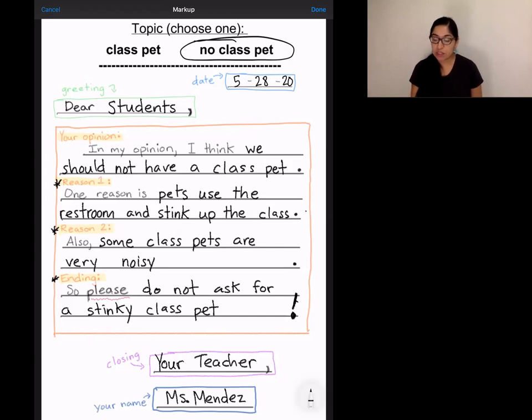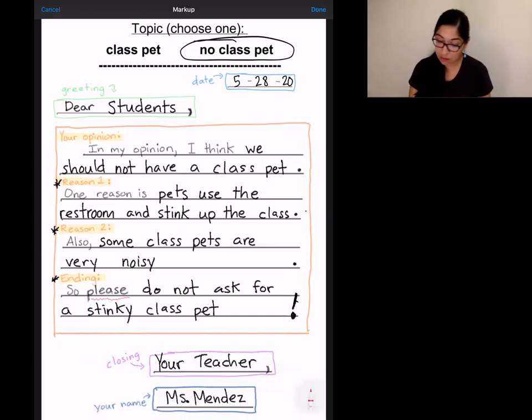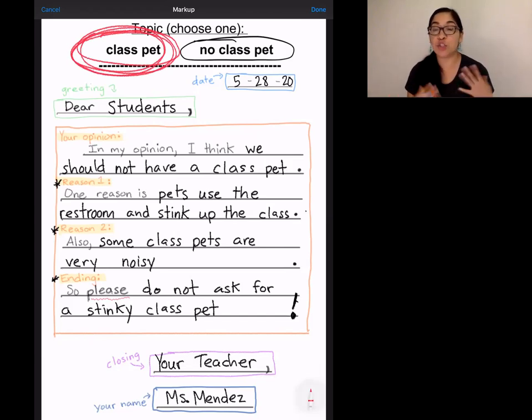Okay, so for today's assignment, your job is to try to convince me to get a class pet. So you're gonna write me a letter and you're gonna tell me why you think we should have a class pet. And you're gonna give me 2 reasons why you think it would be a good idea to have a class pet, okay?